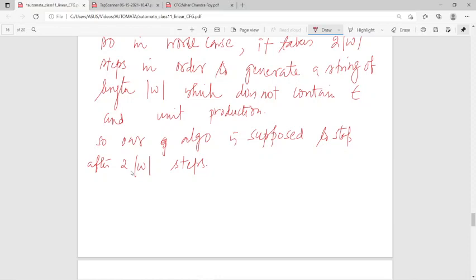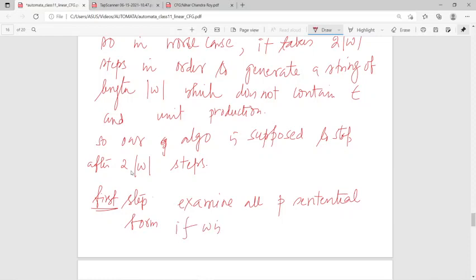Now if we want to find the corresponding complexity, in the first step you have to examine all P sentential forms, to see if w is present.